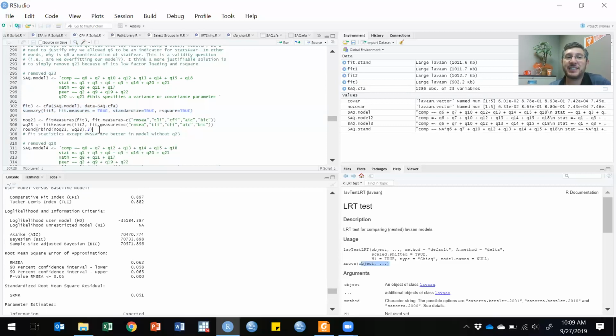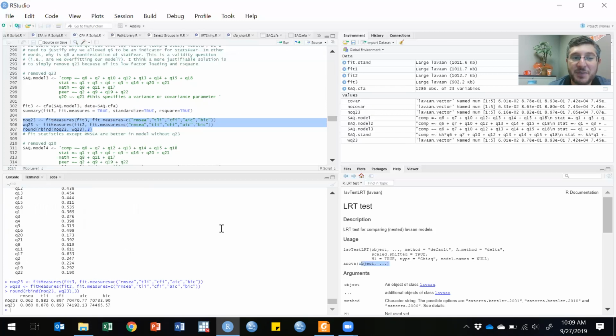But we can use that same syntax we had before and get the fit measures from model 3 and model 2, the root mean square of approximation, the TLI, the CFI, AIC, BIC, and just put them together in a table here so we can see what's going on.